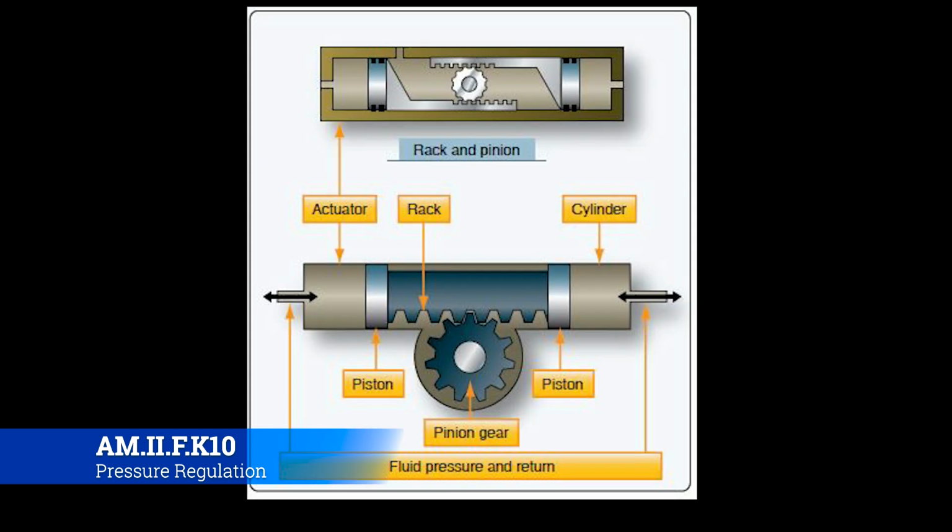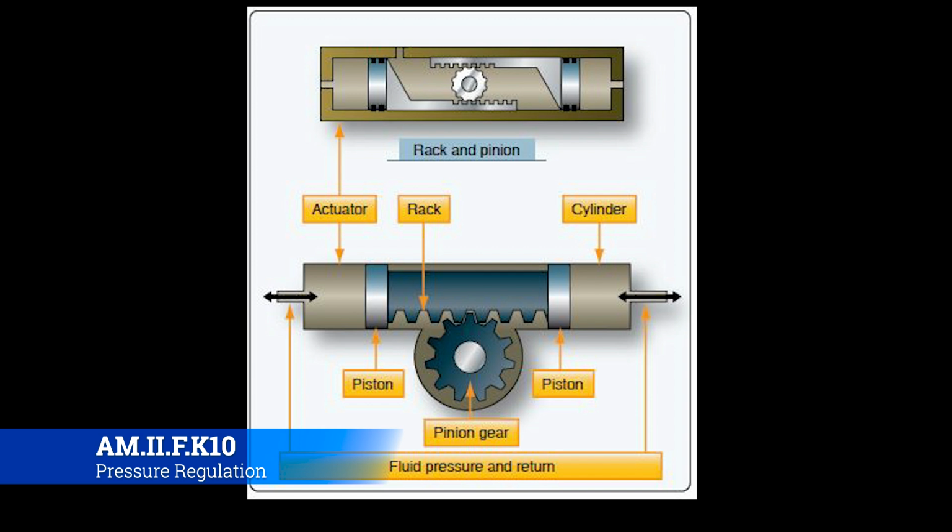Okay, and so not all actuators are linear actuators like that. Some of them can be rotary actuators, and this is most commonly found on different types of doors, be it cargo doors, weapons bay doors, I mean, you name it. If it's opening a door via hydraulic pressure, it's very common that you'll see these sorts of rotary actuators in there.